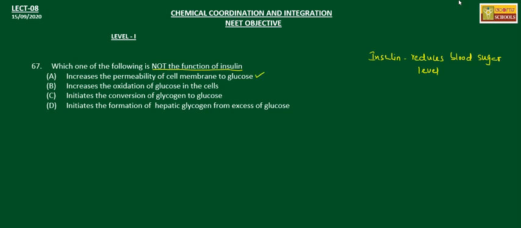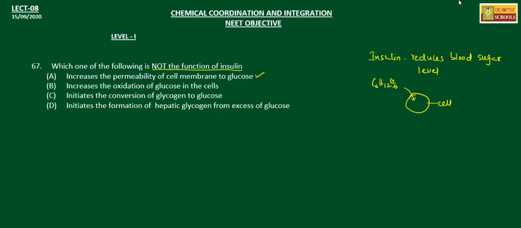Yes, it makes the cell membrane permeable for glucose molecules, so the cells take up the glucose. As a result, glucose is moved from the blood into the cells, thereby reducing the sugar in the blood. So this is one function of insulin.